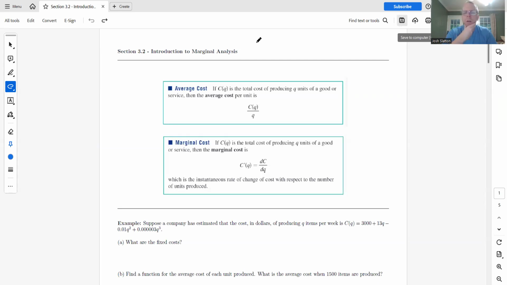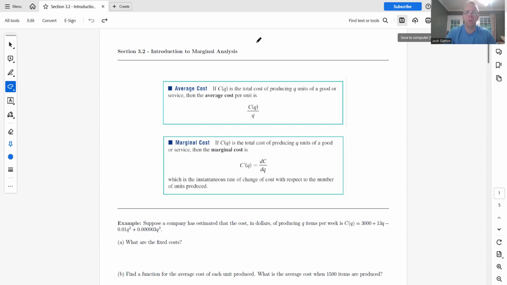So first we'll start off with average cost. The function C of Q is the total cost of producing Q units of a good. Average cost would then be the cost function divided by Q. It's very simple there. And then marginal cost: whenever you see the word marginal in this class, we're talking about derivatives.